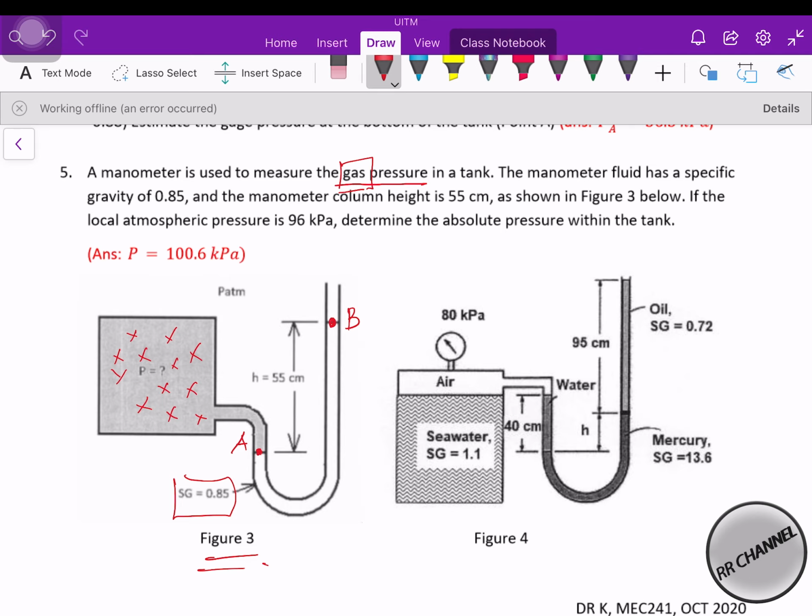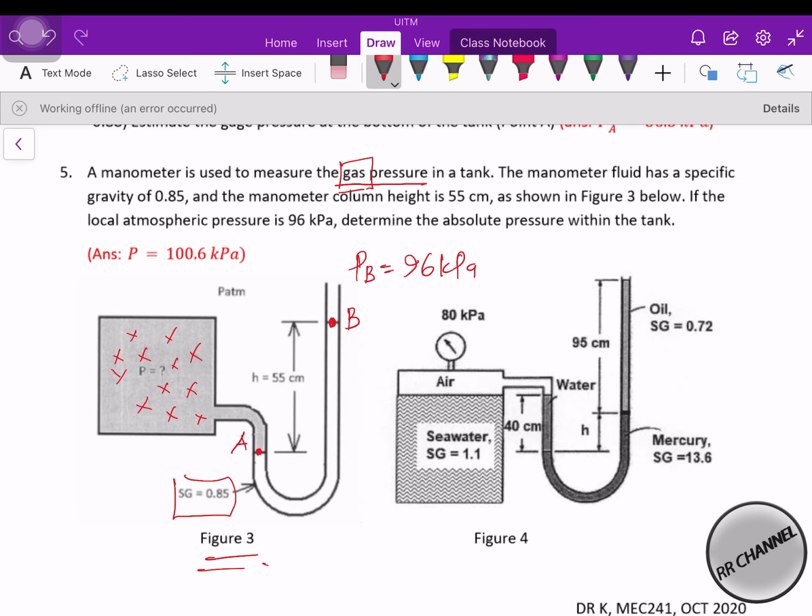Right. If the local atmospheric pressure is 96 kPa, it means that PB equals 96 kPa. This is equal to the atmospheric pressure. So here it's not the standard atmospheric pressure; it uses the value of 96.